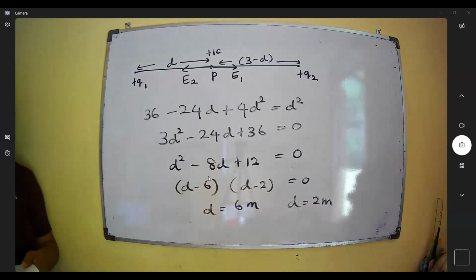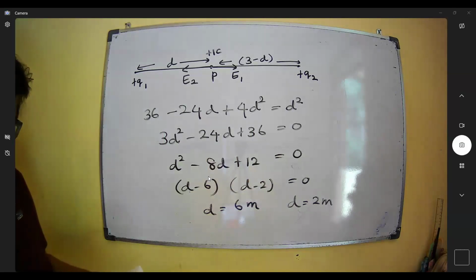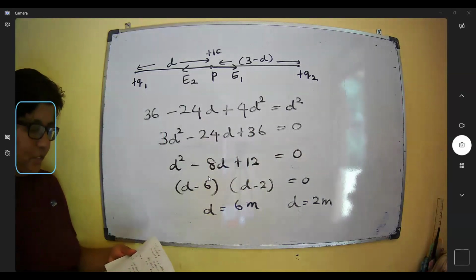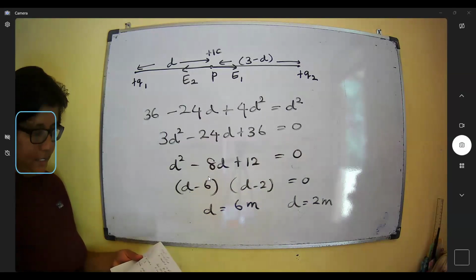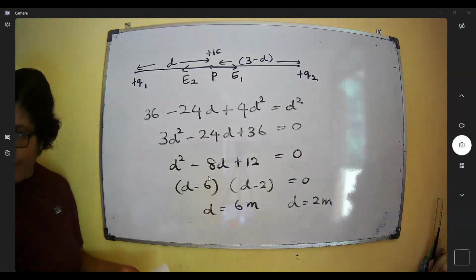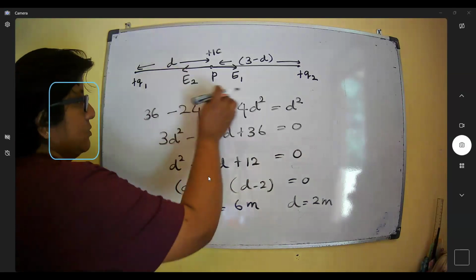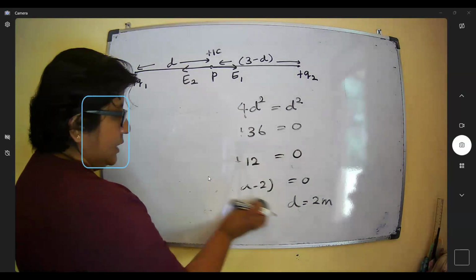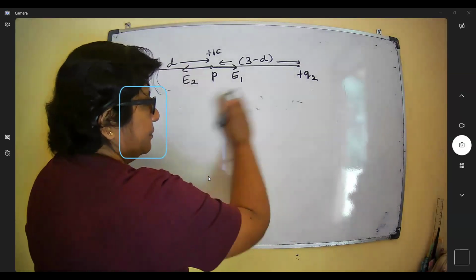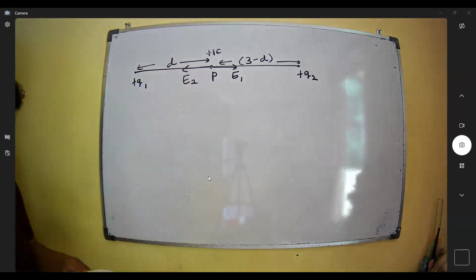Then Q2 and Q1, considering the two charges, Q2 is greater than Q1, so the location must be close to the Q2. Another one is, we can see the location to the right of both charges. Then E1 should be equal E2, but directions are the same in this one. What is the possible answer?